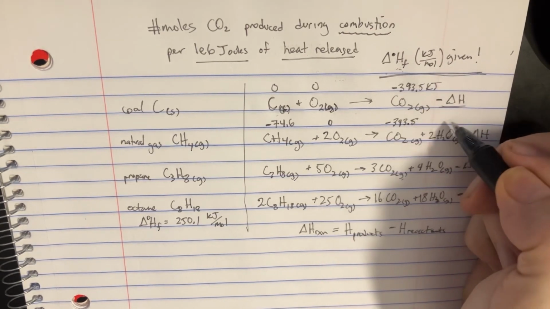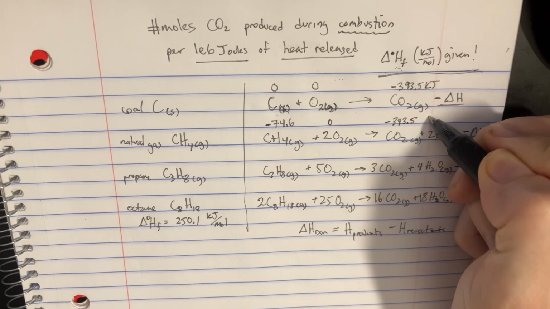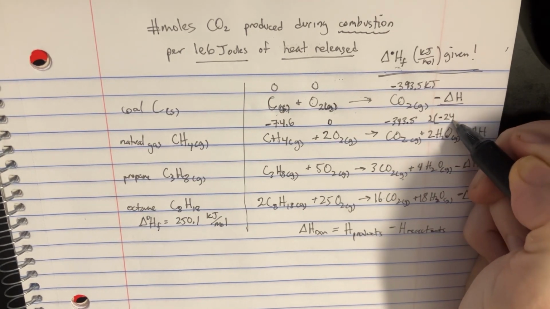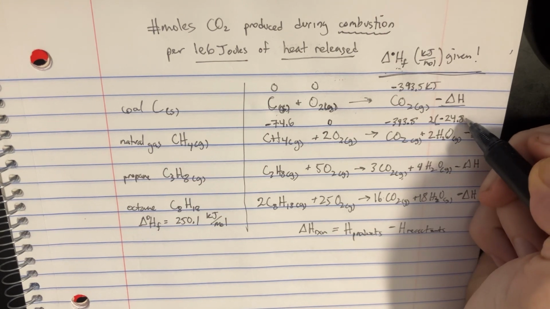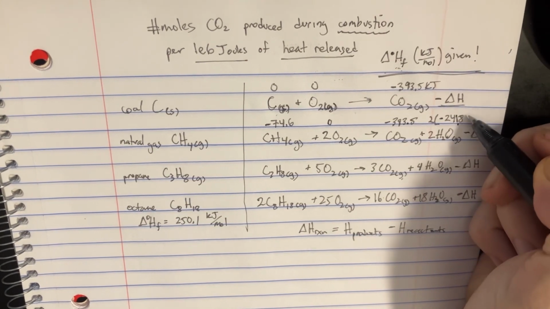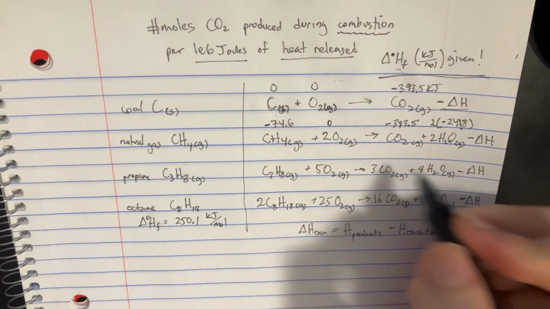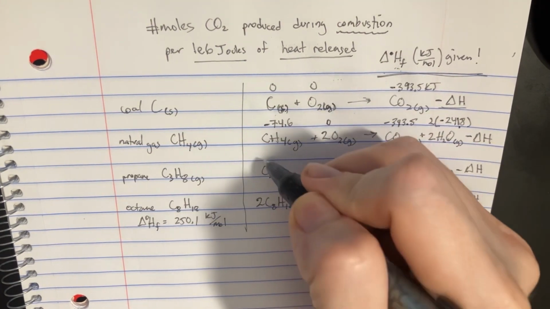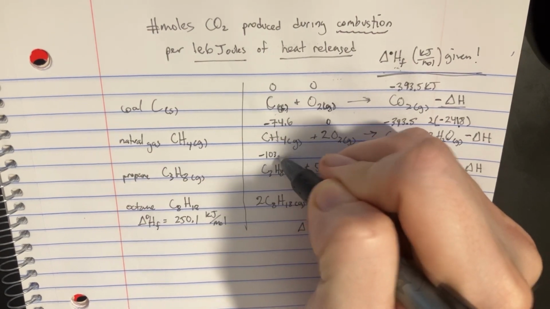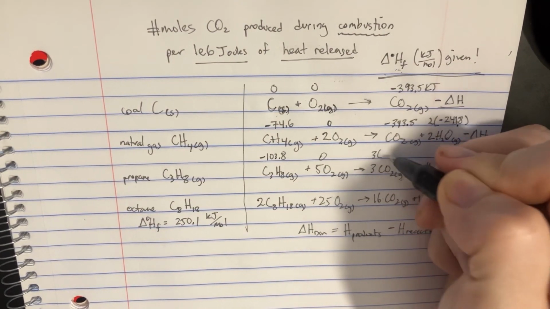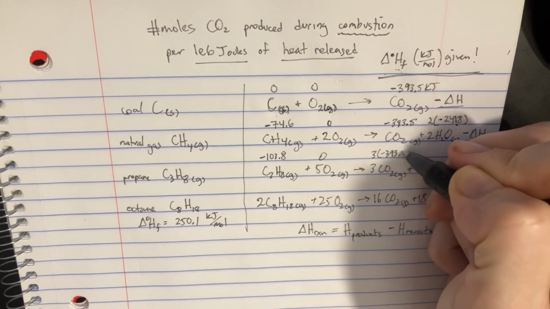And then the H2O is, well, we have 2 moles, so we have to multiply that number by 2, but we got negative 241.8 kilojoules. And then there's 2 of those, of course. For this one, I think we have negative 103.8. This one's 0. This one is 3 times negative 393.5.